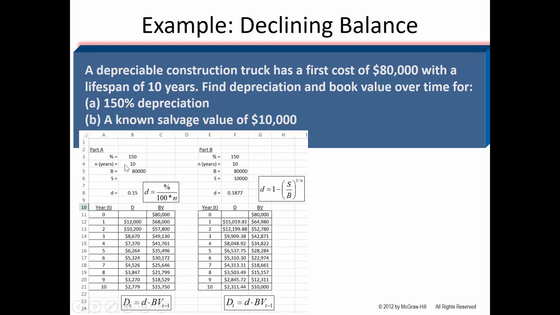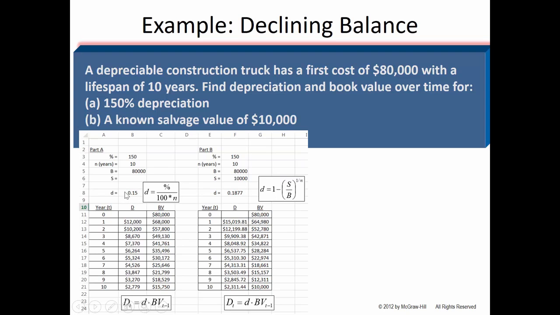It's 10 years as the recovery period. And so to use this formula, D equals the given percentage divided by 100 times N. So then that's going to be 150 divided by 100 times 10. And so the fraction is 0.15.